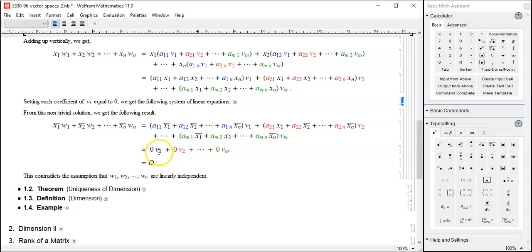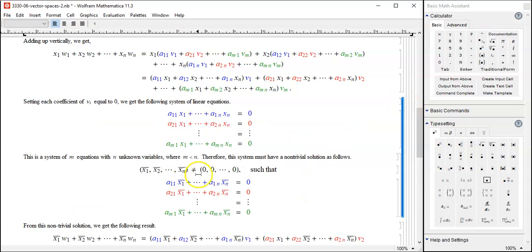So the conclusion: 0 v1, 0 v2, dot dot dot, 0 vn. Add them all up, what do you get? We have to have the 0 vector. What's the conclusion? This linear combination led to the 0 vector, yet not all coefficients were 0. This was a non-trivial solution.